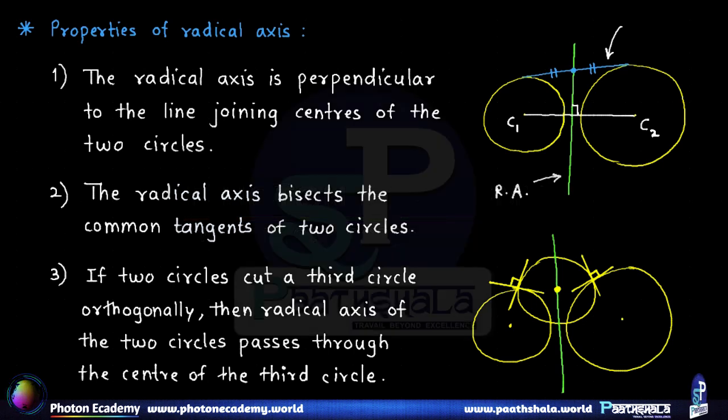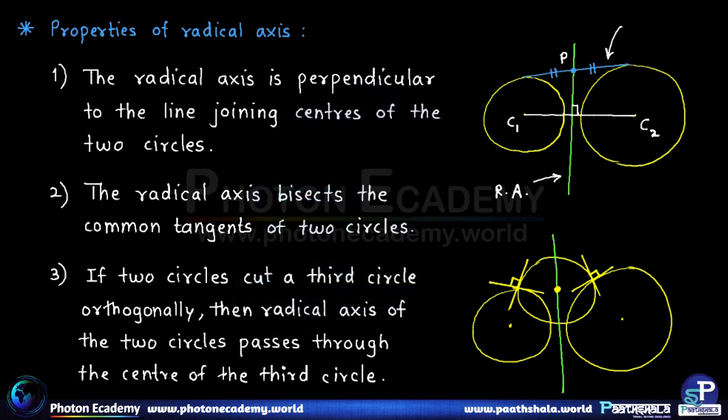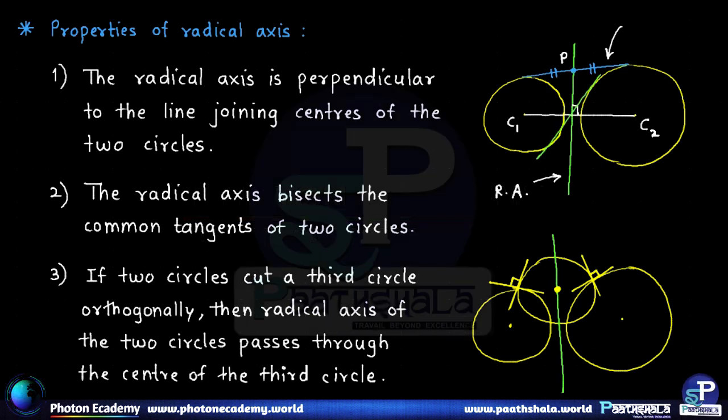Here the blue colored segment is a common tangent, and if you consider the point P on the radical axis which intersects the common tangent, by the definition of the radical axis the two parts of that tangent segment must be the same. Hence the radical axis bisects the common tangent, and this is true in the case of the transverse common tangent also.